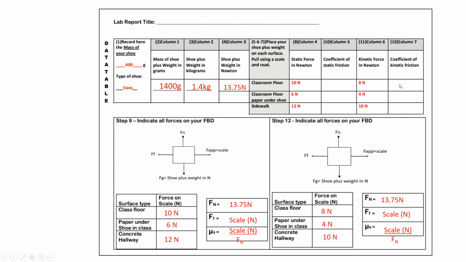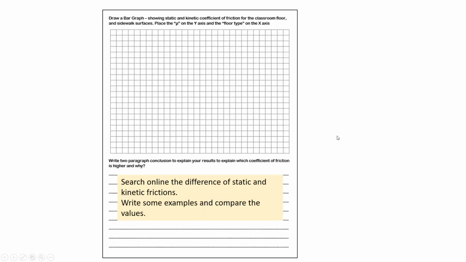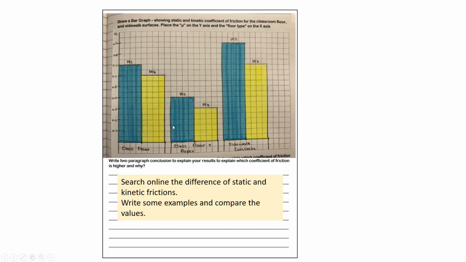So now you have those two, column 5 and column 7, with your numbers, and you need to draw a bar graph. So this bar graph should look like this.